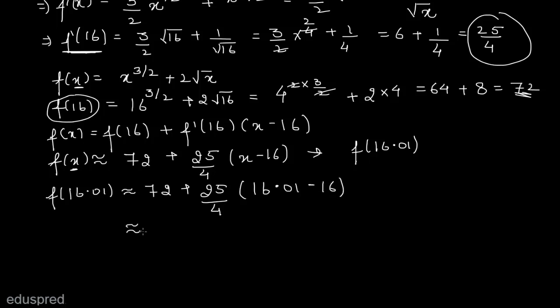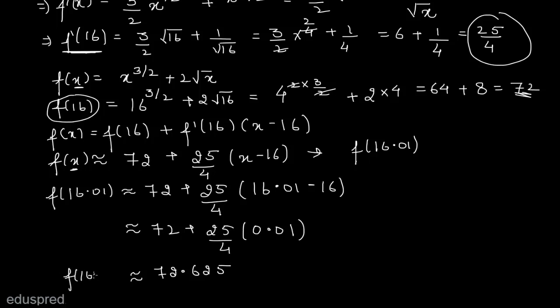This is approximately equal to 72 + (25/4) multiplied by 0.01, which is approximately equal to 72.625. So your f(16.01) is approximately equal to 72.625.